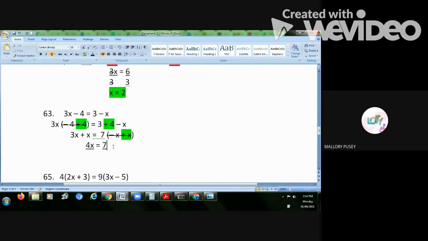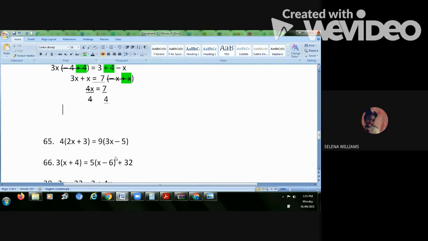All right. Now, Mallory, we'll give her a chance here. 4. And then the 4 will cancel, don't you? Yes, sir. So x is equal, well, we're going to get an improper fraction.